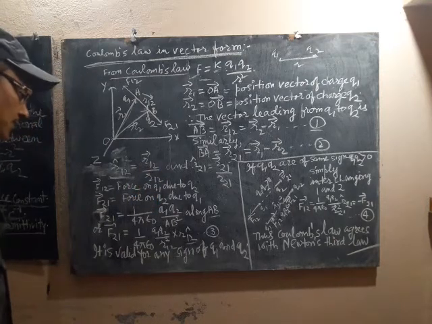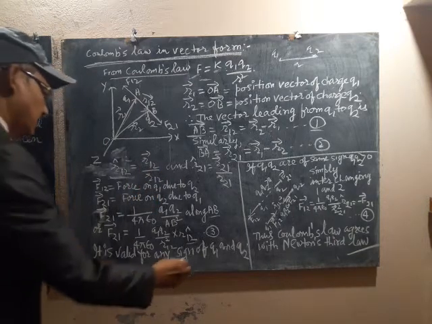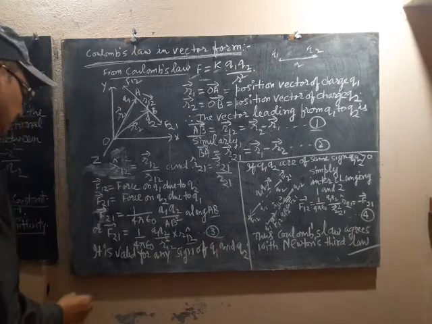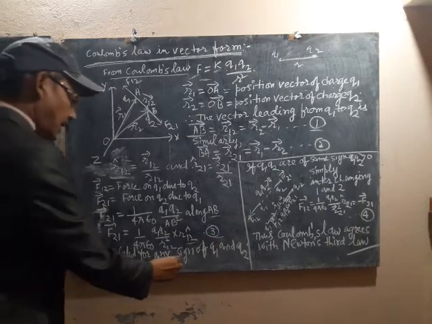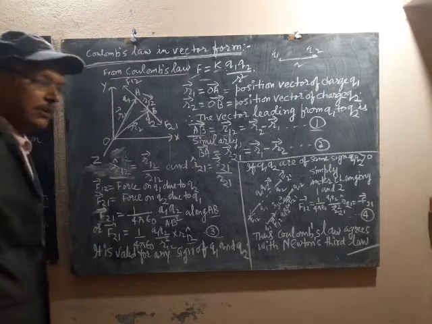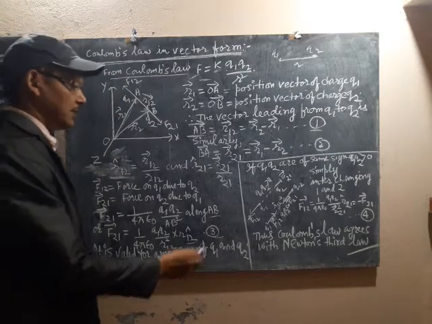Try to understand all the things. That is equation third. It is valid for any sign of Q1 and Q2.